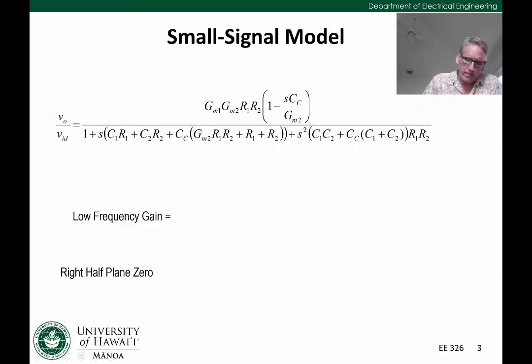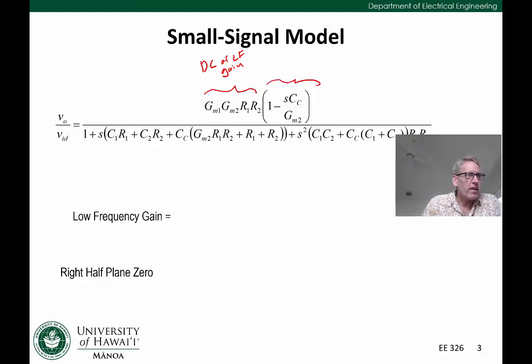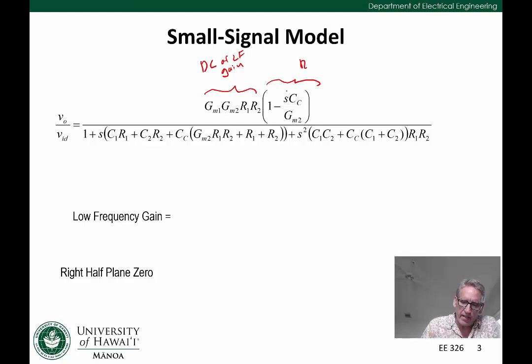All right, let's start looking at this equation a little bit more closely. The first thing we can notice is that this term on the left here represents our DC or low frequency gain. And you can see this sort of makes sense. This is a gmR, so each stage is contributing some gmR to it, right? And they're both inverting stages, so that's why we have no negative sign in the front. The next thing we notice is that we have this term over here, and you notice there's a negative sign here.